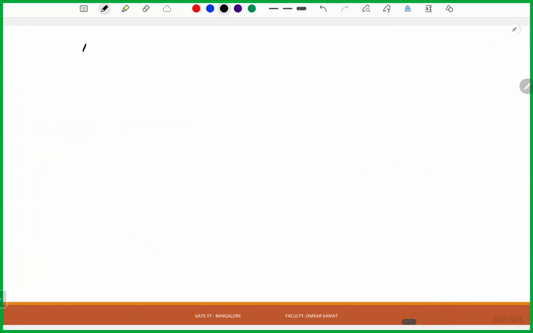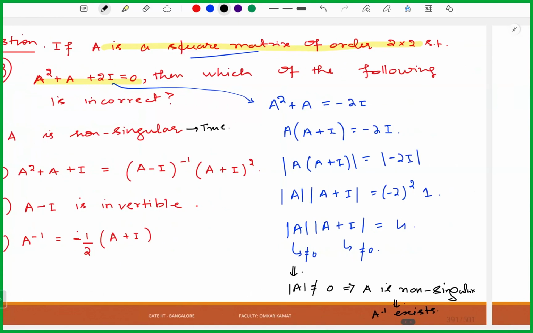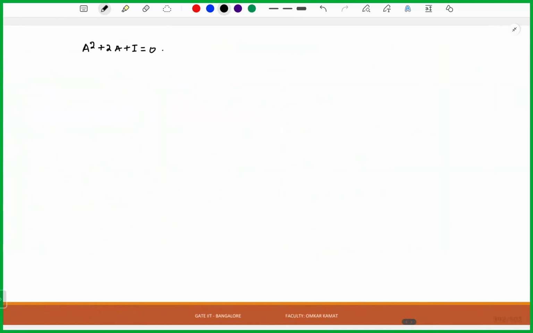This is the given equation: A square plus 2A plus I equal to 0. I can multiply this equation by A inverse. This is what you people used to do to find the inverse of the matrix, right? So that I can verify whether option D is correct or not. In your regular classes, class 12, you would multiply this equation by A inverse.